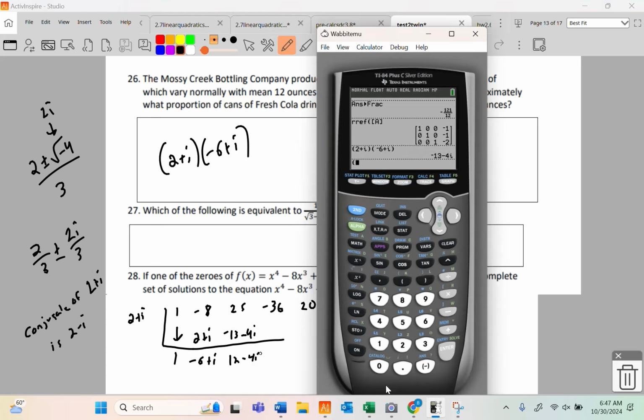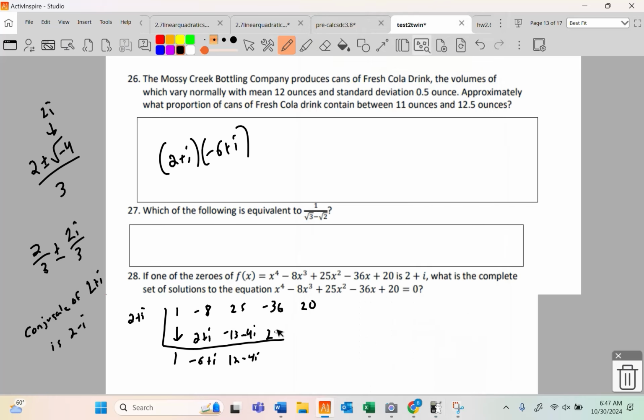So here I have, and by the way, I could have just said plus 25, 12 minus 4i. We're going to multiply that by 2 plus i. And we're going to get 28 plus 4i.